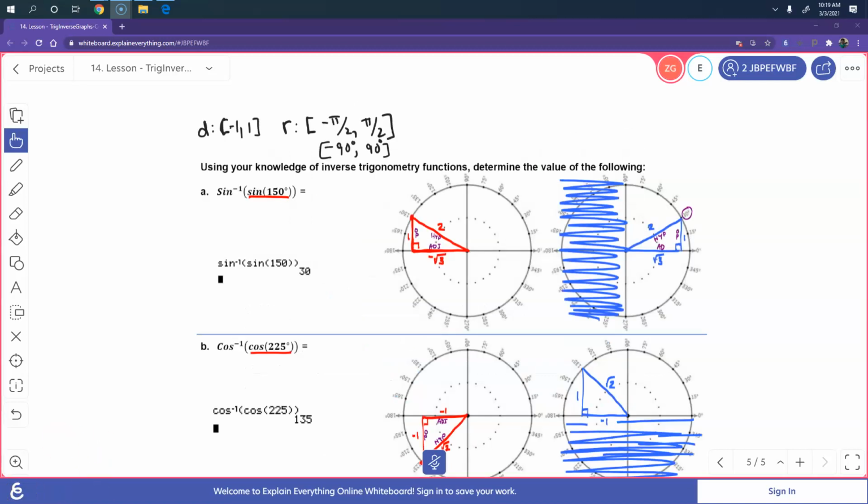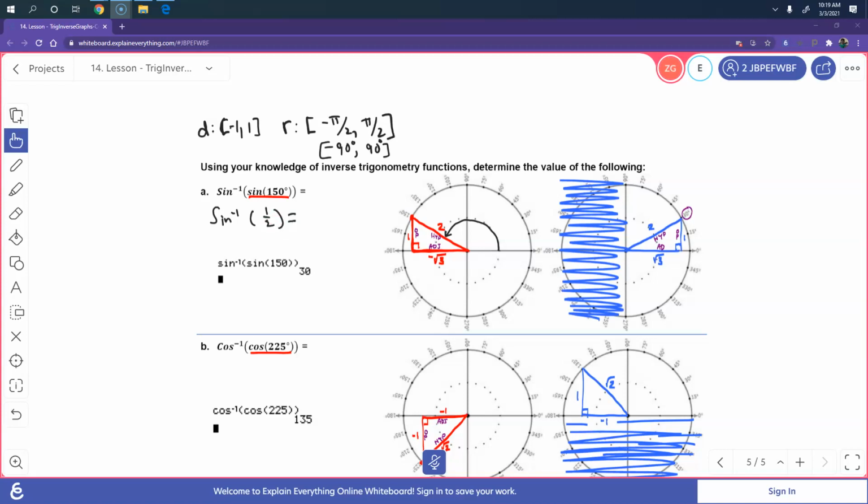It says, using the knowledge of your inverse trig functions, determine the value of the following. This is a unit circle. This is 150 degrees. We know that the sine of 150 is opposite over hypotenuse. So if you want to find the inverse sine of 1/2, since we're getting the ratio, we're wanting the degree.